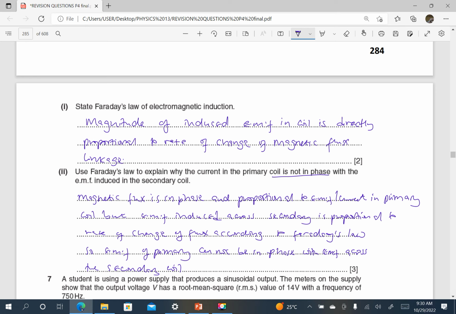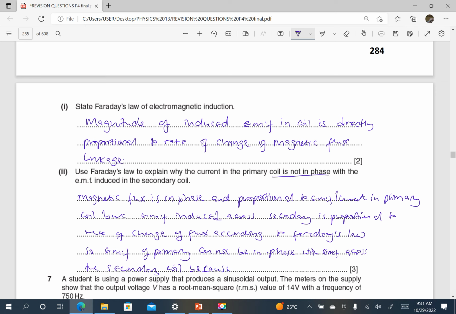So the magnetic flux is in phase and proportional to the EMF in the primary coil, but the EMF induced across the secondary is proportional to the rate of change of flux according to Faraday's law. So the EMF of the primary cannot be in phase with the EMF across the secondary because the magnetic flux is not in phase with the rate of change.